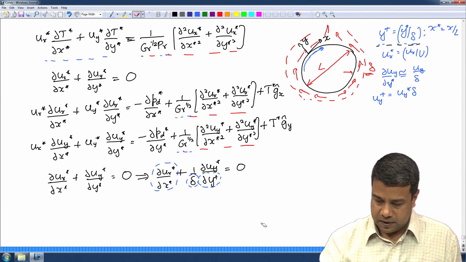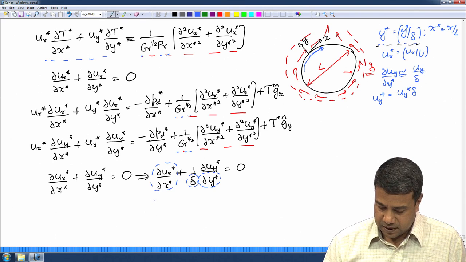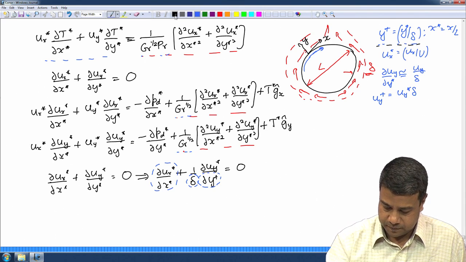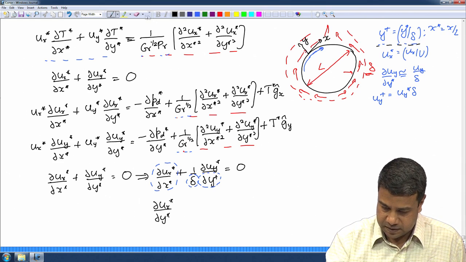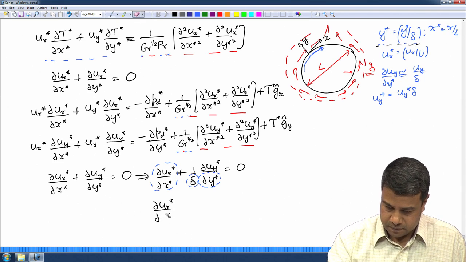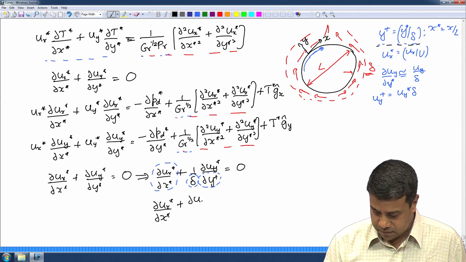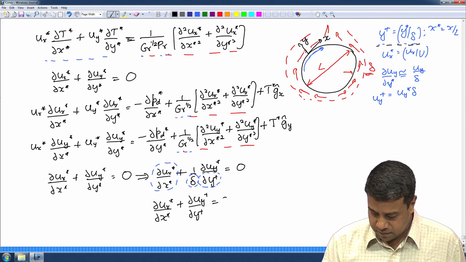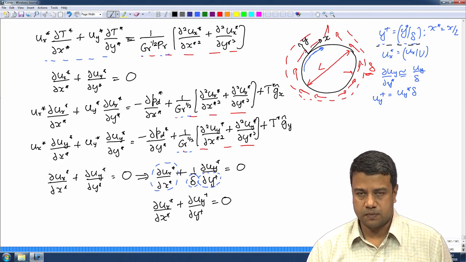And if I define it that way, then my equation in terms of the boundary layer thickness becomes partial ux by partial x, where y plus and uy plus are now order 1 within the modulus.